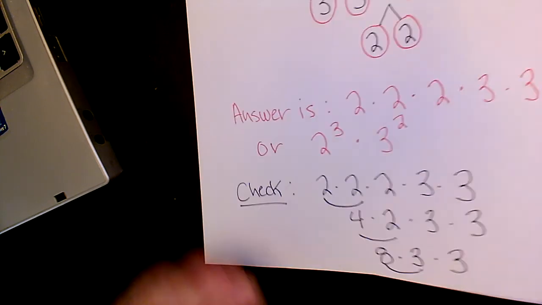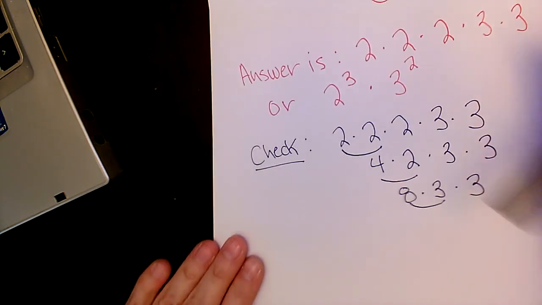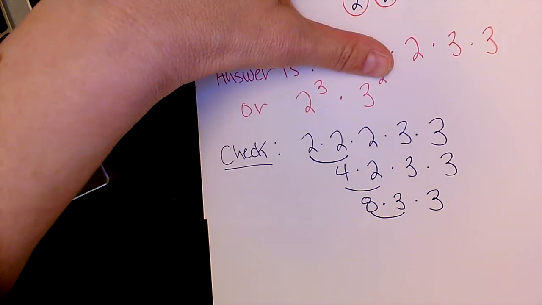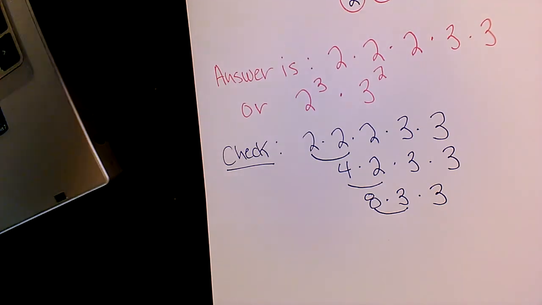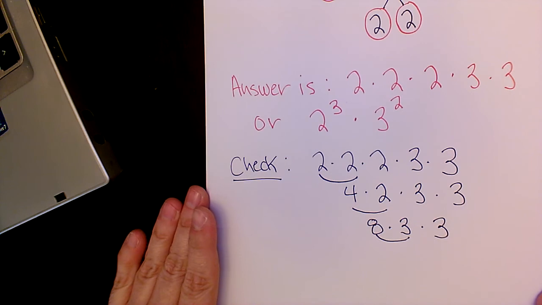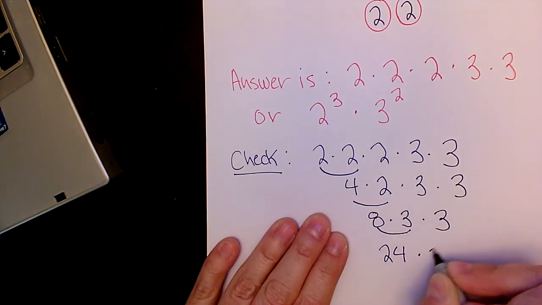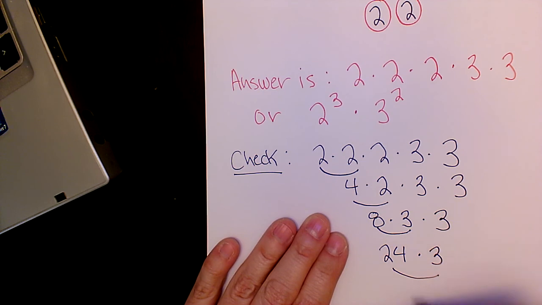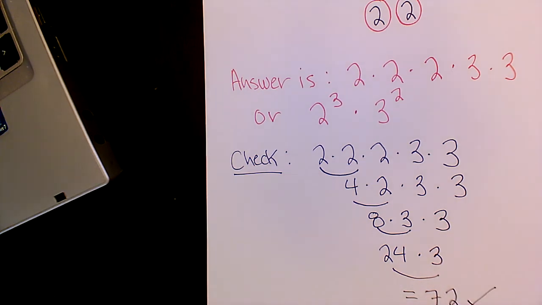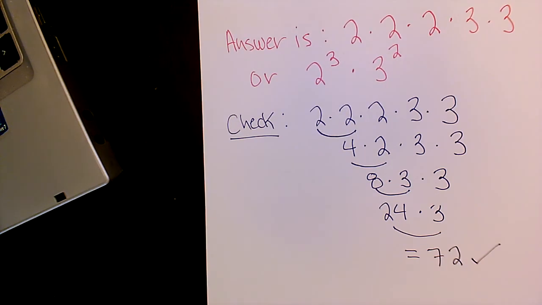I'm running out of room. So 8 times 3 is 24. So it does get me back, let me bring that up a bit, to 72.